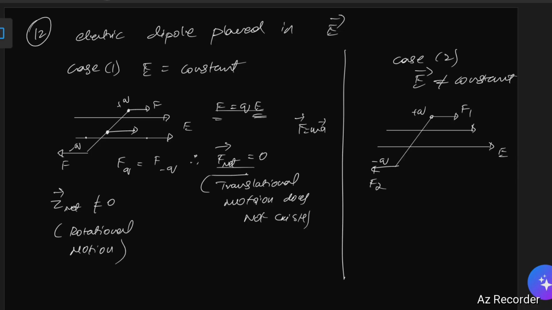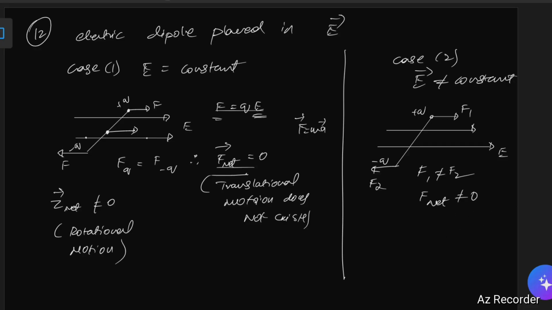So basically the force is not the same. F1 is not equal to F2. Since F1 is not equal to F2, the net force is not 0. Since the net force is not 0, there can be translational motion.